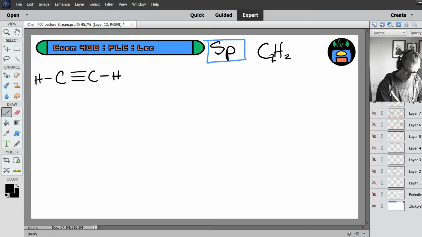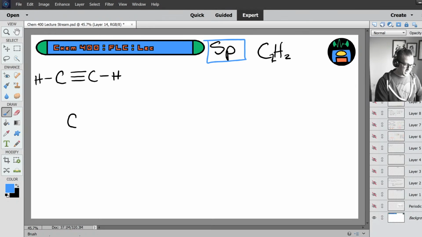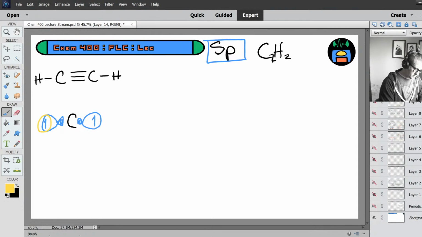Let's open a new slide. So our carbons are sp hybridized, and their sp hybrid orbitals are oriented along the y-axis. There's one electron in each. Now, for the hydrogens, I'm going to use yellow.